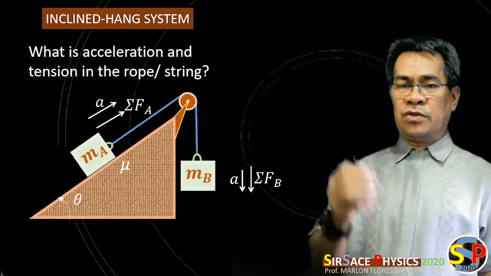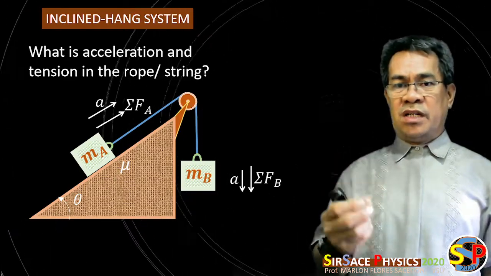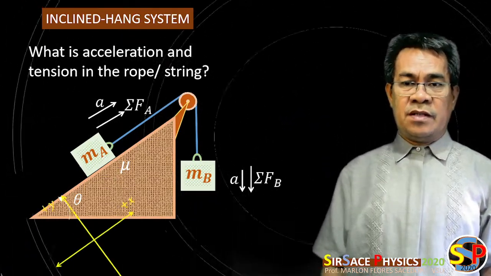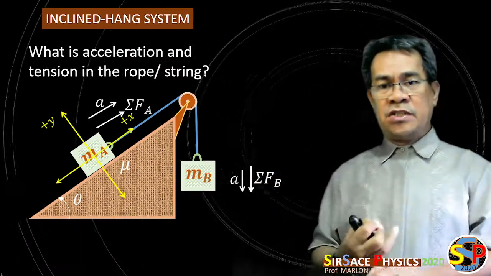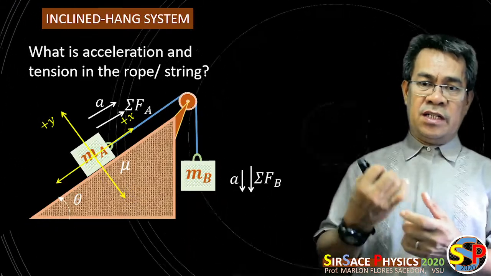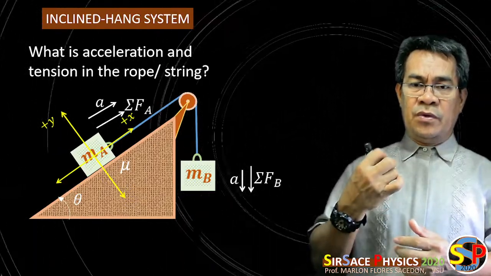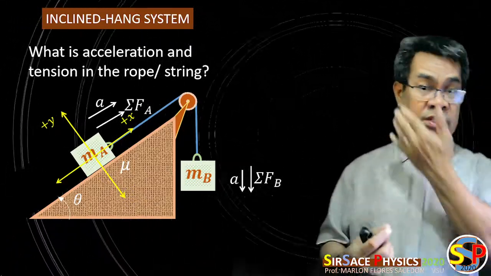Remember, according to Newton, the direction of acceleration is the same as the direction of the unbalanced force. In order to solve for the acceleration, we need the net external force. So we have to provide the free body diagram of the two objects.